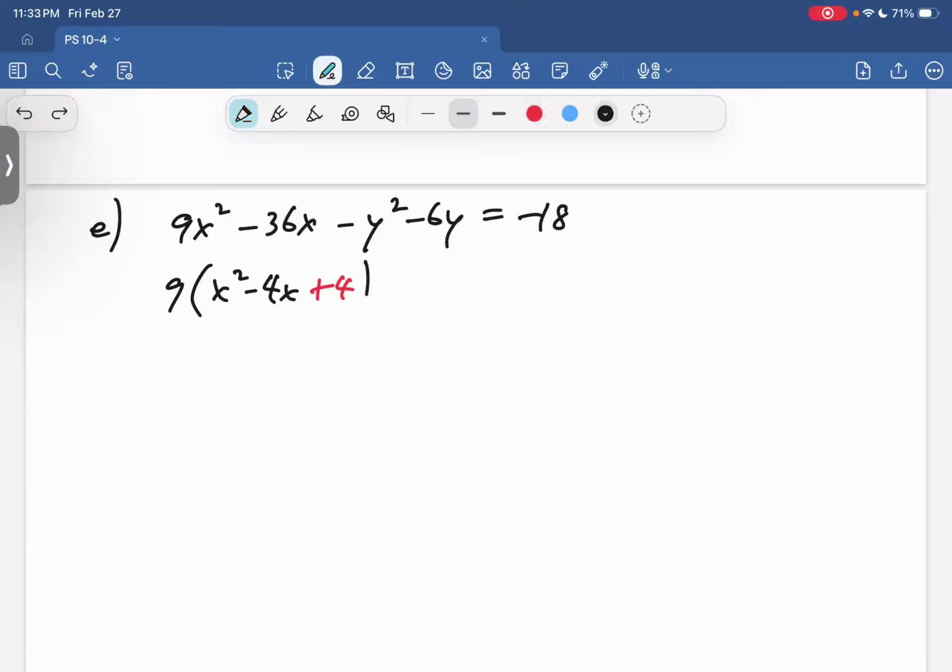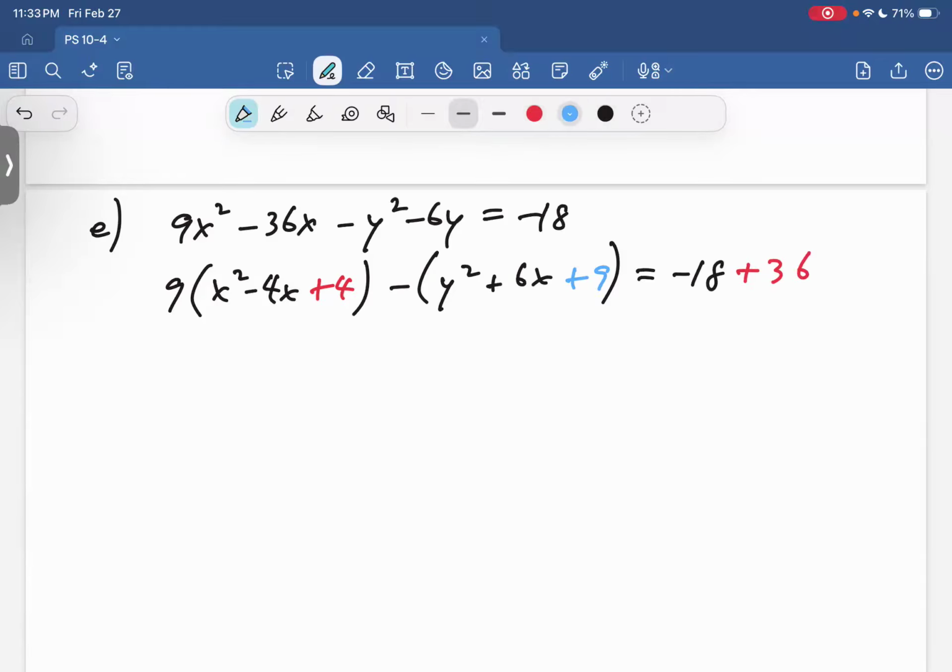And factoring out a negative. And then this should be adding plus 9. And then to compensate on the right side, I need to add 36.